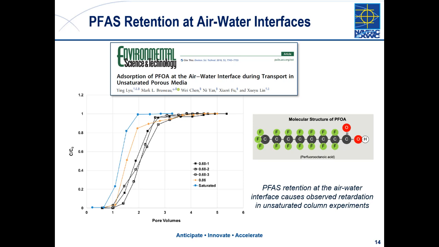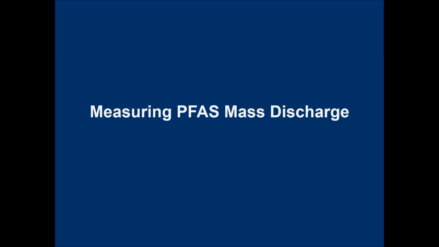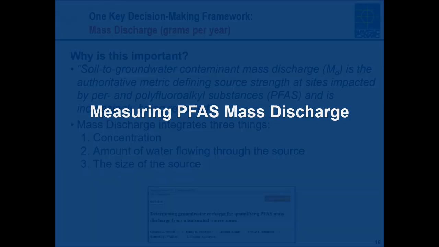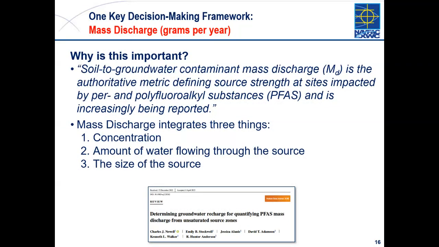So we can move to slide 15, and Chuck, why don't you start talking a little bit about PFAS mass discharge? Okay, and again, this is grams per year. Let's float over to 16, and this is a quote from a paper that I wrote along with Hunter Anderson, who was with the Air Force at that time, now with the CERTA PSTCP, and several of my GSI colleagues.